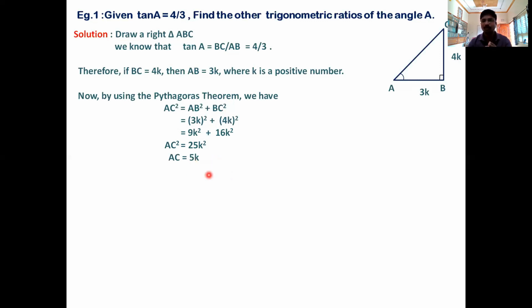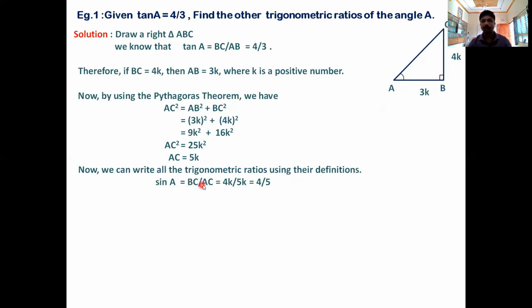Therefore, AC is equals to 5K, hypotenuse is equals to 5K. Now, we can write all the trigonometric ratios using their definitions. Sin A is equals to opposite side, that is BC, divided by hypotenuse AC. Substituting the values of BC and AC, we get 4K divided by 5K, K cancels, left with 4 by 5. Therefore, sin A is equals to 4 by 5.